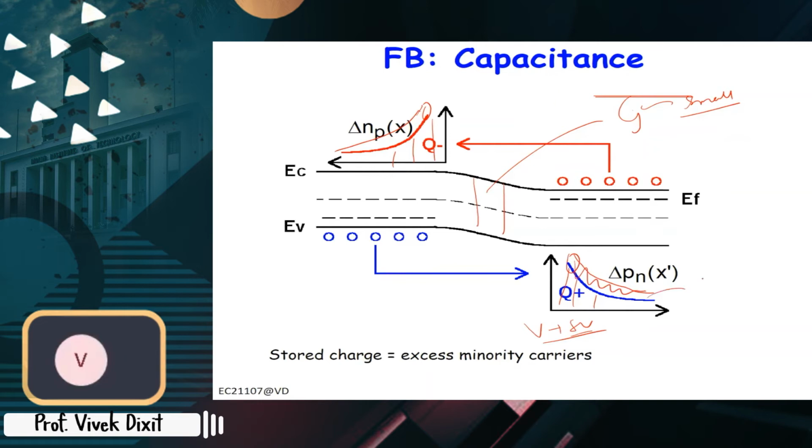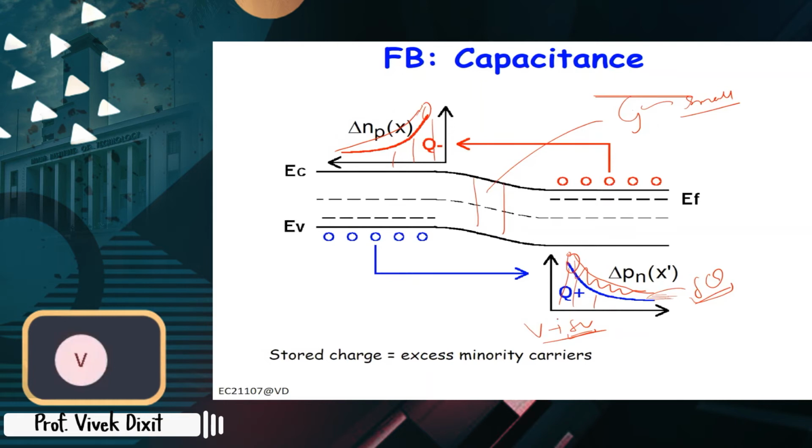This is the extra, so this will be your delta Q for delta V. Due to this extra delta V, this is the extra charge between these two curves. So this peak will change as delta N, exponential qV by kT, and of course it will go to 0 at infinity.